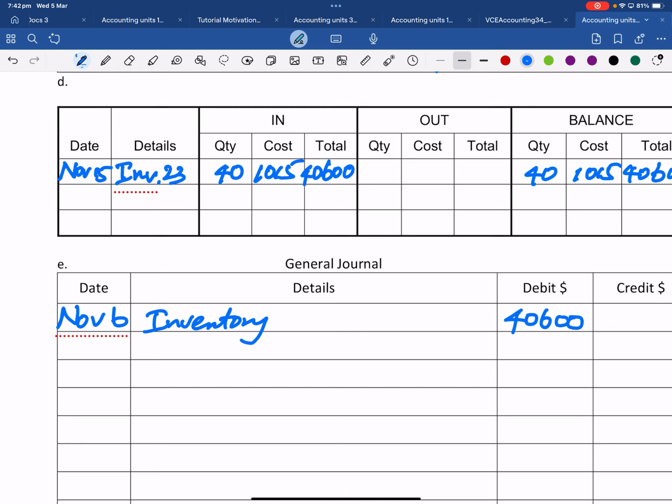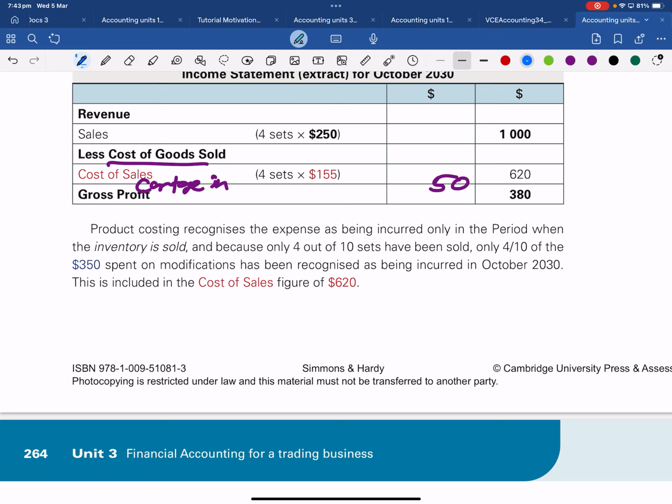Right. Next entry. Did you put insurance in? Insurance, you think we can put it here, under the inventory? Why not? Why can't we put it? Is it because it's period cost? No, not because of that. If we have in one transaction both product and period costs, we can still record. Remember I showed you before?